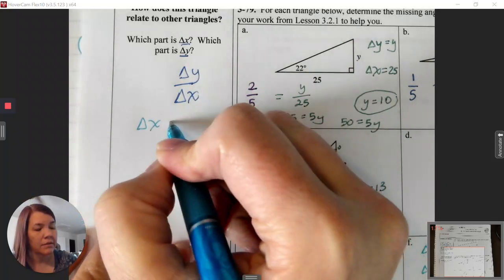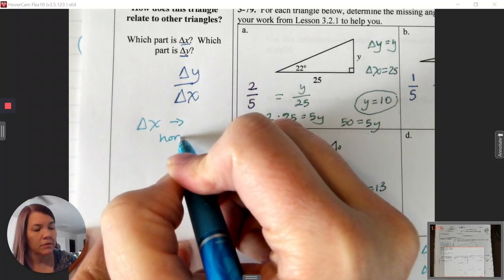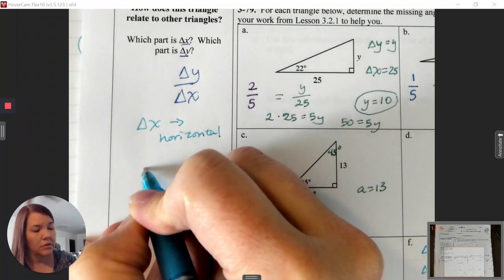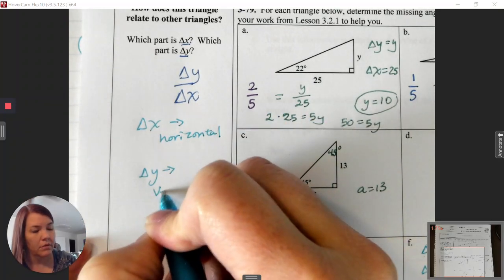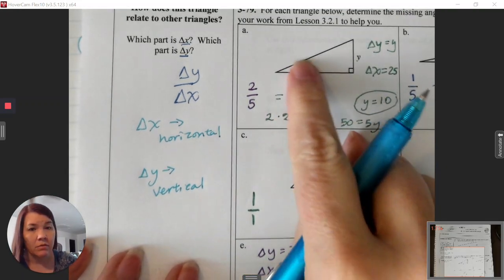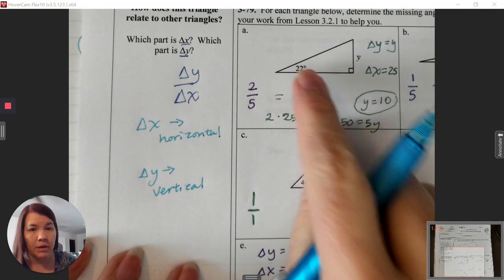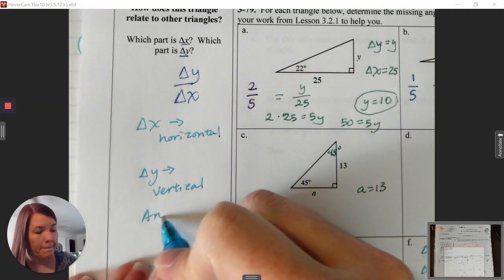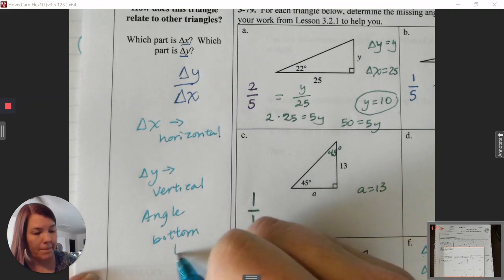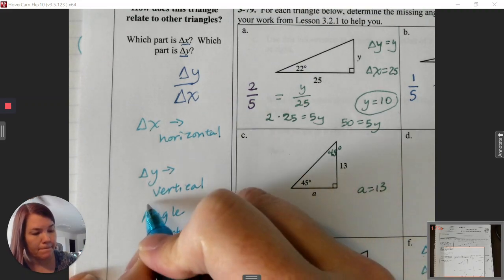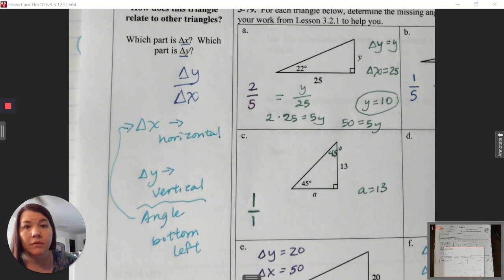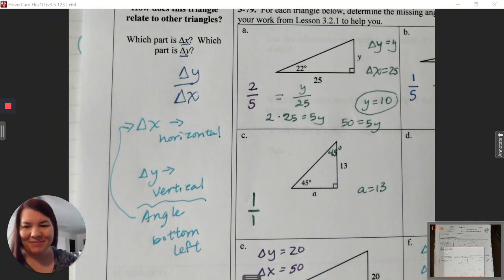Delta x, horizontal. Delta y, vertical. As long as the angle is in the bottom left, that is true. If the angle is not in the bottom left, we'll talk about that in just a minute.